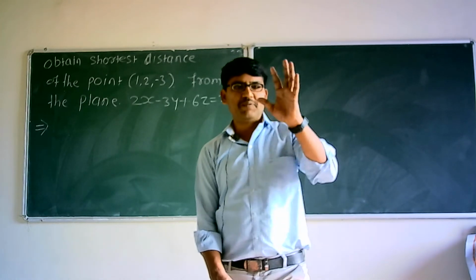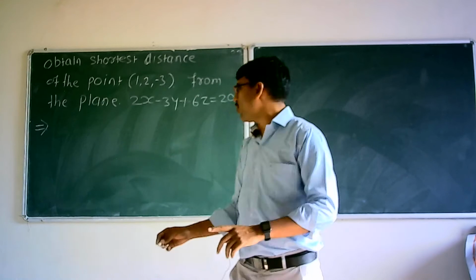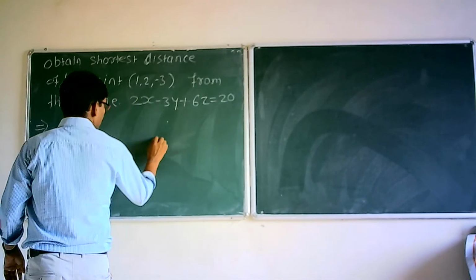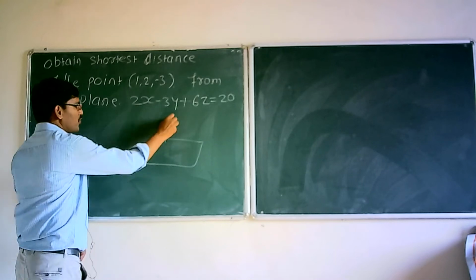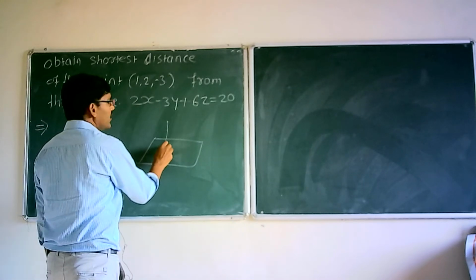Means what? You want to determine the perpendicular distance from this point to this plane. What will be the shortest distance from this point P is equal to 1, 2, minus 3 to this plane?